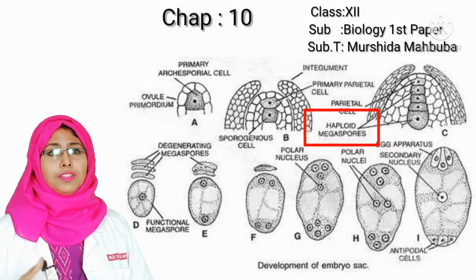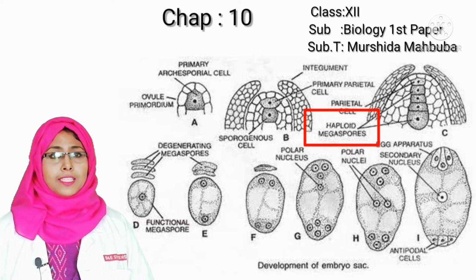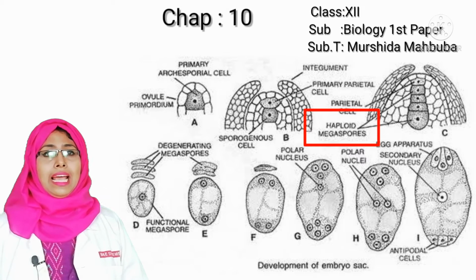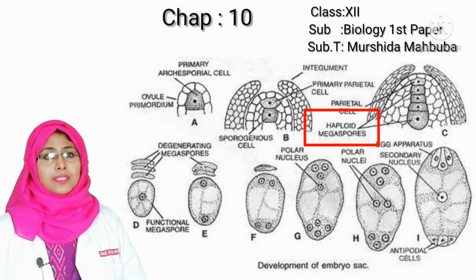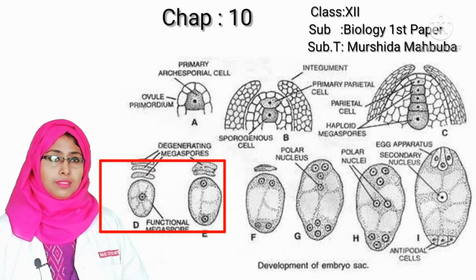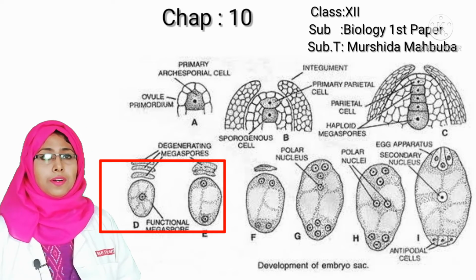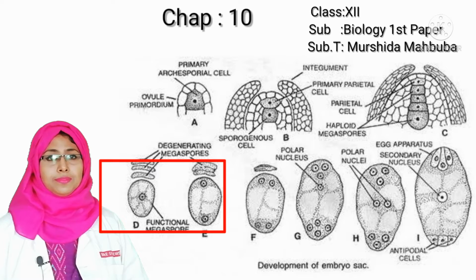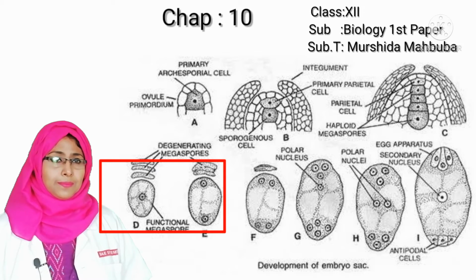During development of the female gametophyte from a megaspore, the megaspore enlarges and its nucleus divides mitotically into two daughter nuclei. Each daughter nucleus separates from the other and reaches each pole of the cell.